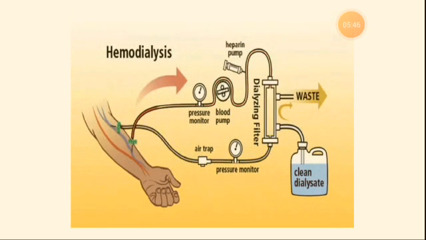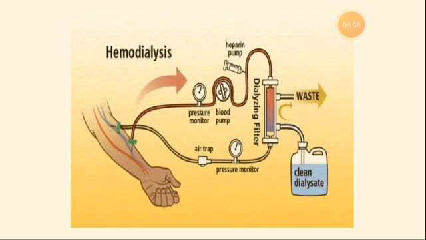You can see on the screen, this is the dialyzing filter, and the blood is taken out from the body of the patient and passed through the dialyzing filter, and the purified blood is transferred back to the body of the patient.